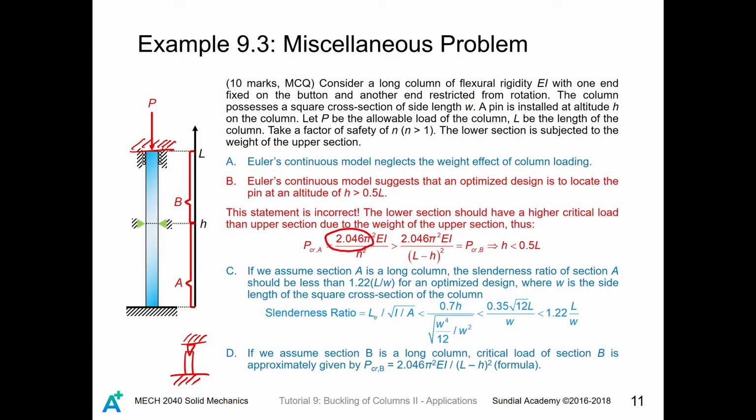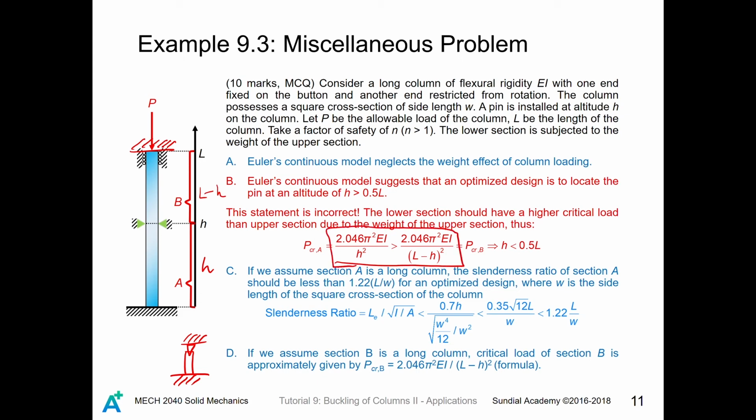This is why we have 2.046 pi squared EI something over there. The length of the lower section is given by H, and the length of the higher section B is given by L minus H. So we can write the equation in this way.